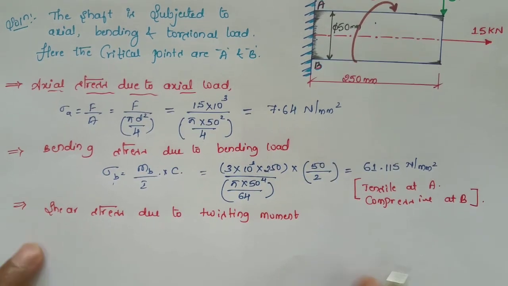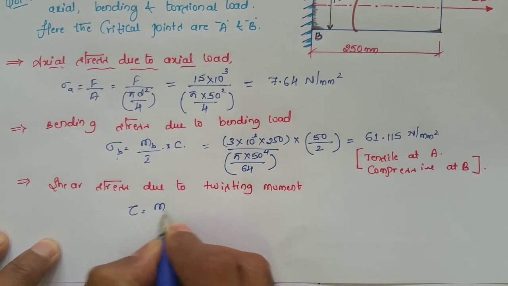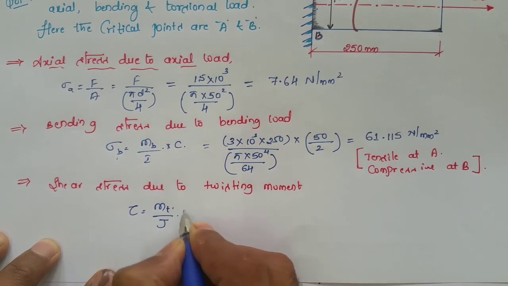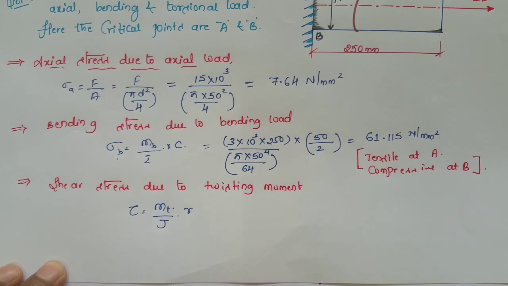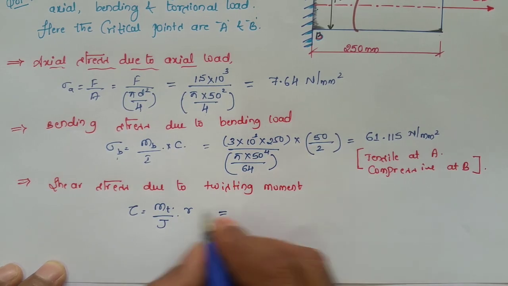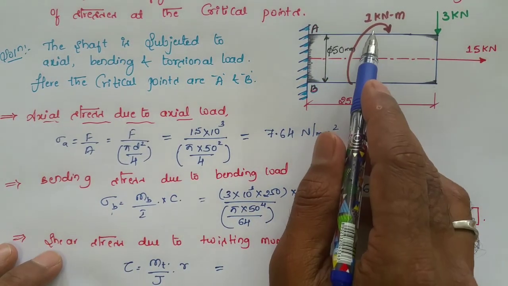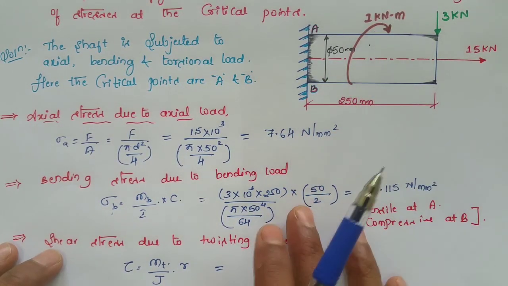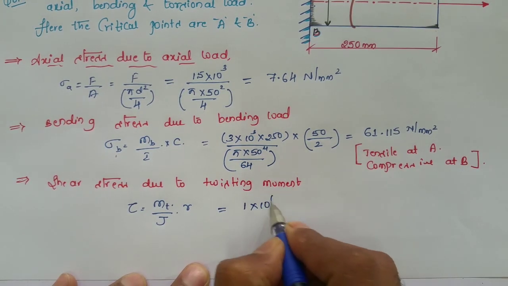We know by the torsion equation that tau is equal to Mt by J into r. That is our normal shear stress here. Mt is the twisting moment, 1 kilonewton meter, which in Newton mm becomes 1 into 10 power 6.